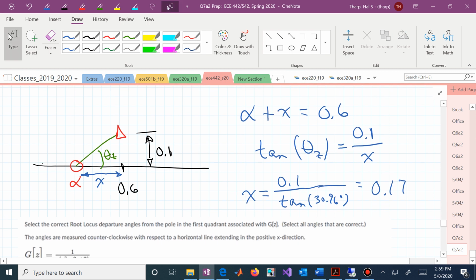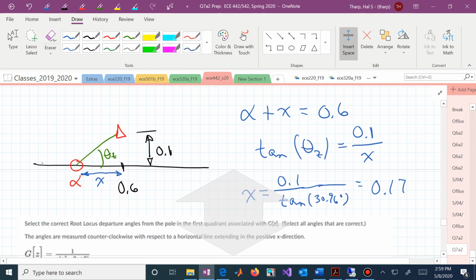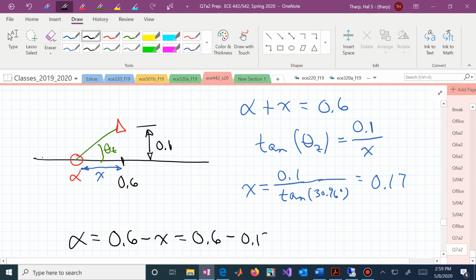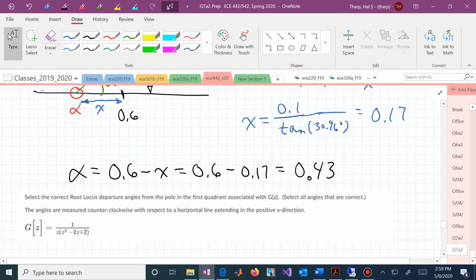Now we know then that alpha is equal to 0.6 minus x, or this is now 0.07 less than 0.5, or this is now 0.43. That's where our 0 would need to be located in this PI controller to produce closed loop poles at 0.6 plus and minus j 0.1.